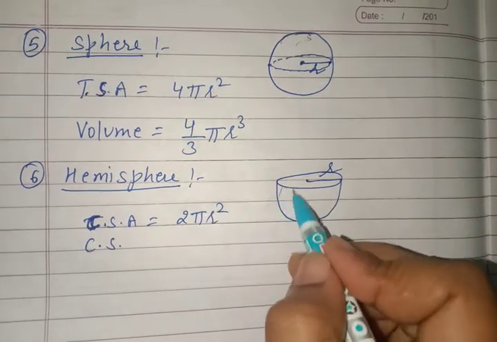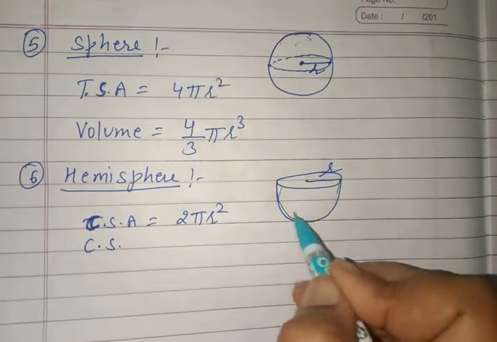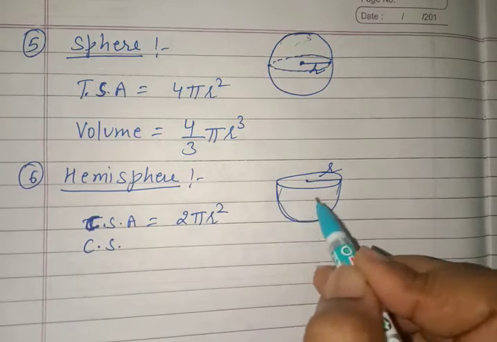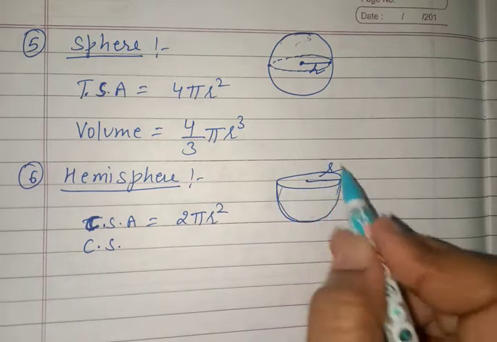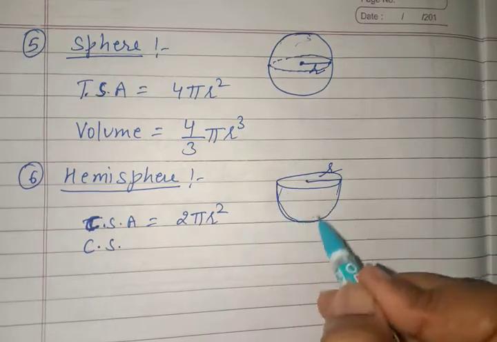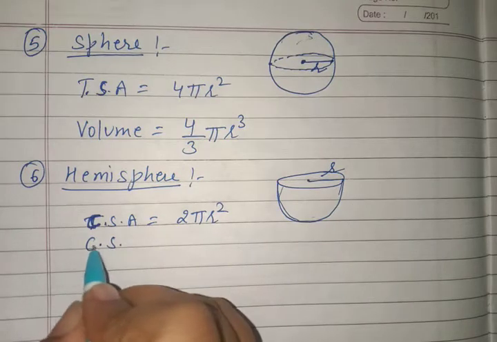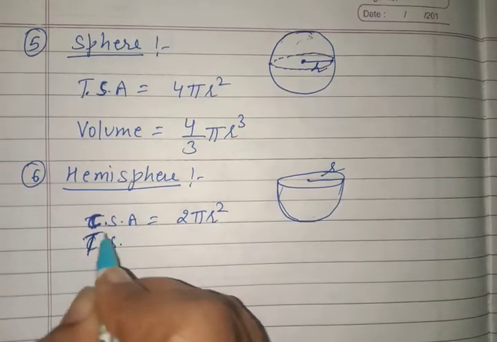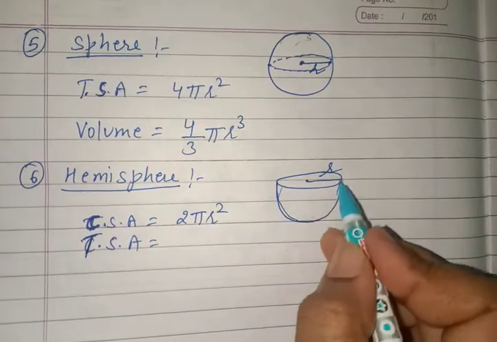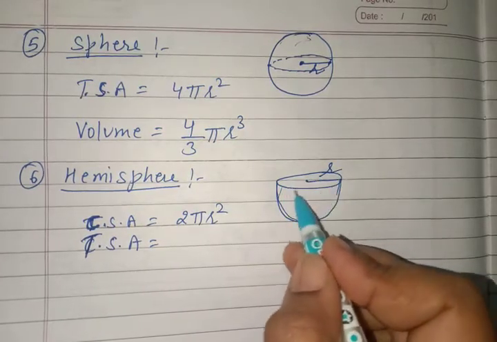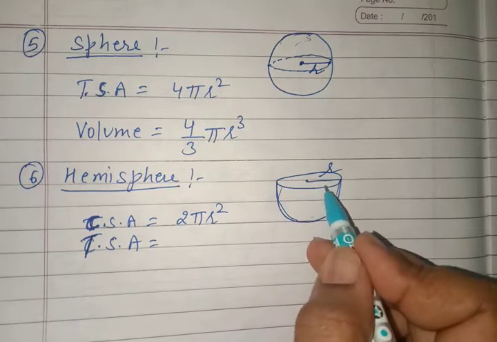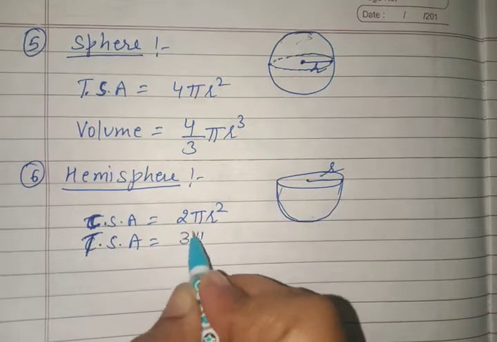See this part only. If I say that I want to paint this, you can say a bowl or something, or the outer surface, half of the apple we can consider. So if we consider the curved part, it means this only. And if we consider total surface area, it is this part 2 pi r square, and just like a disc or a plate is placed on it, it will be 3 pi r square.